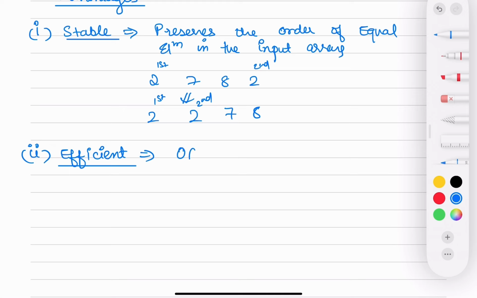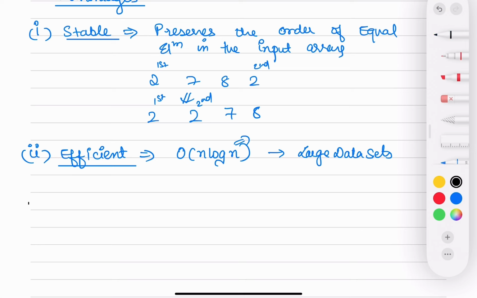So because of its time complexity n log n, this is very efficient for larger data sets also, because this is going to remain the same in all three conditions. So it maintains the same n log n order in large data sets as well.